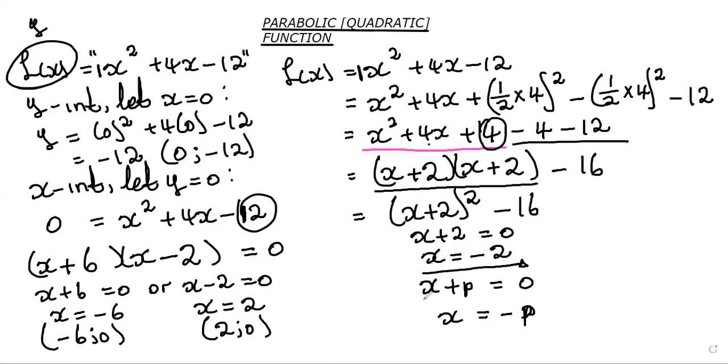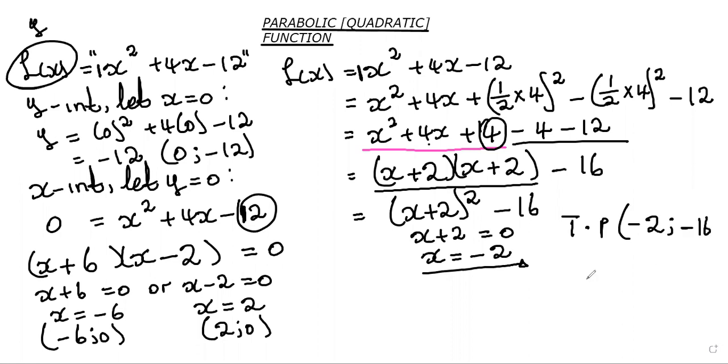But if you remember what I said to you, the negative 16 is the value of q. And I told you that the value of q tells us the y coordinate of the turning point. So this means that the coordinates of the turning point are just going to be (-2, -16), like that.